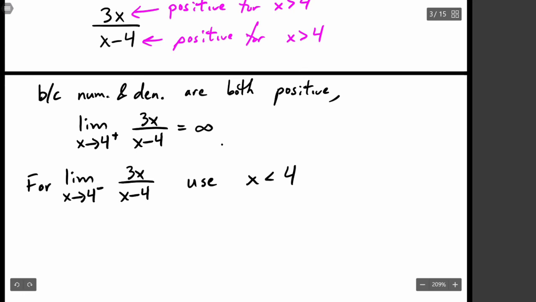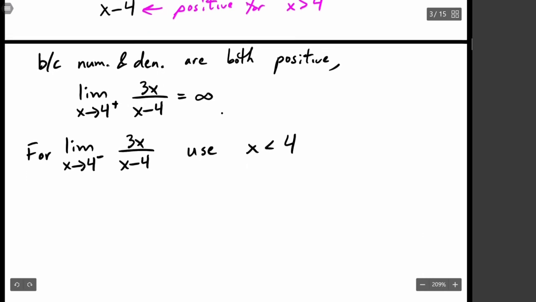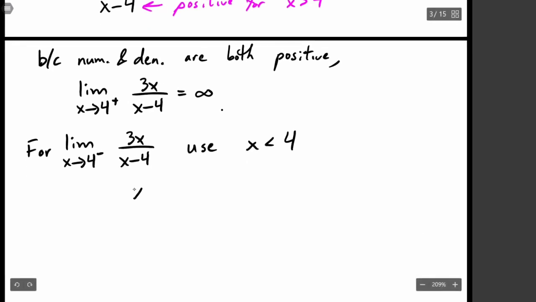Since we're coming from the left, we want to start out smaller than 4 and get larger. So if we look at 3x over x minus 4, the top is still positive for x less than 4.